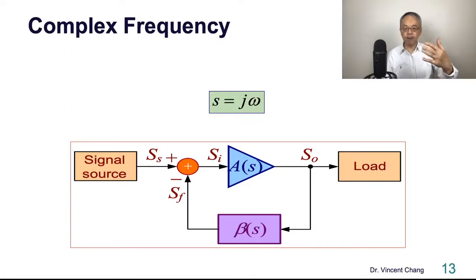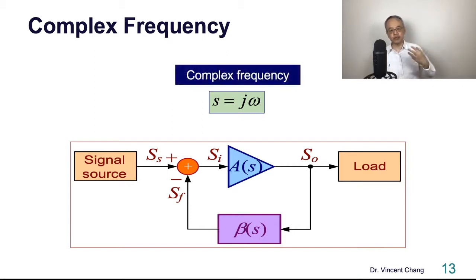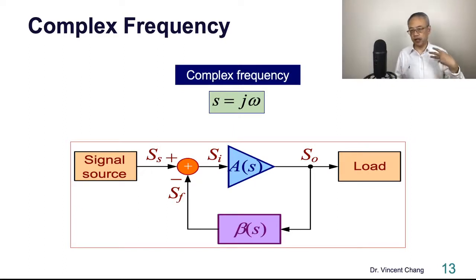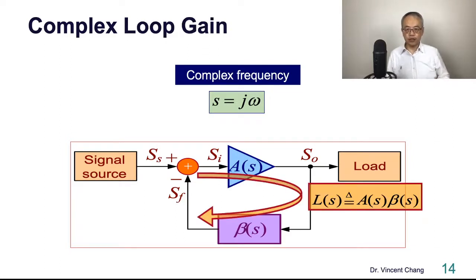So the loop gain becomes a complex quantity. What is S? S means the complex frequency, equal to j times the angular frequency omega. So it's a purely imaginary number.